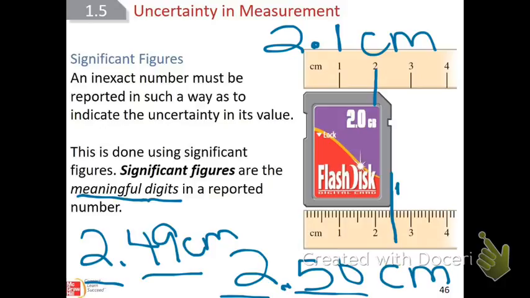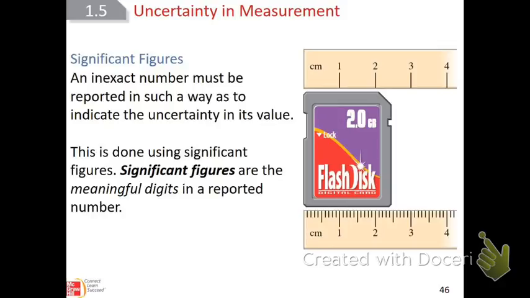And they do trip some students up. But basically, all you need to know is that there are only 2 times that you have to worry about it, and the only 2 times is with zeros. The only 2 times with zeros that you ever have to worry about it is if that 0 comes at the very beginning of the number, or if it comes at the very end of your number.